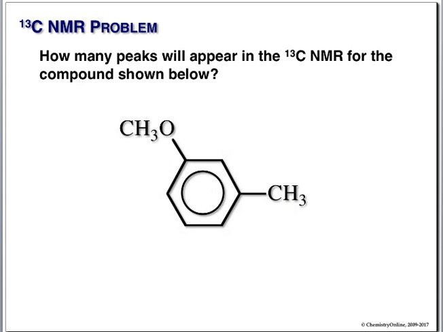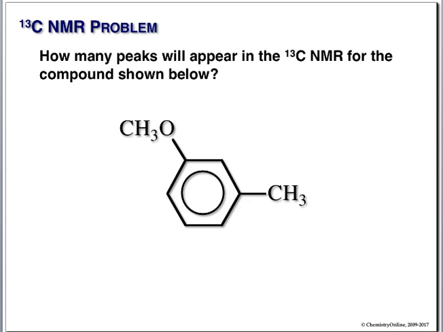Finally, let's do one more. How many unique ring carbons will we see here? Well, because we have a methyl and a methoxy, this carbon and this carbon are different, aren't they?